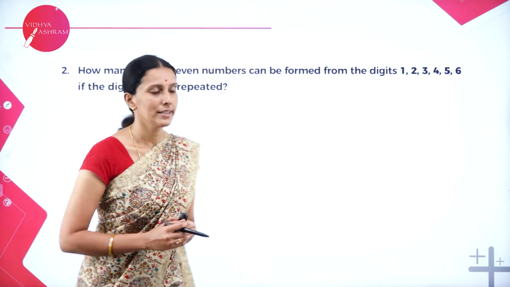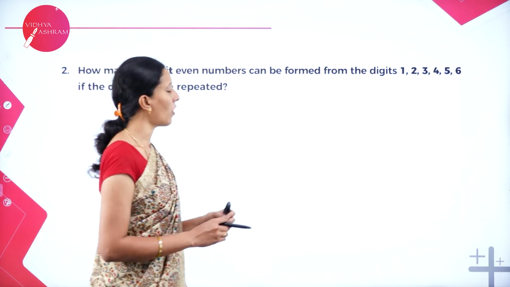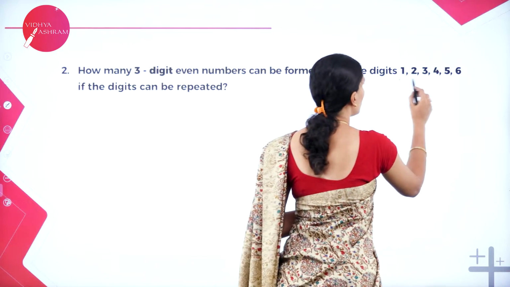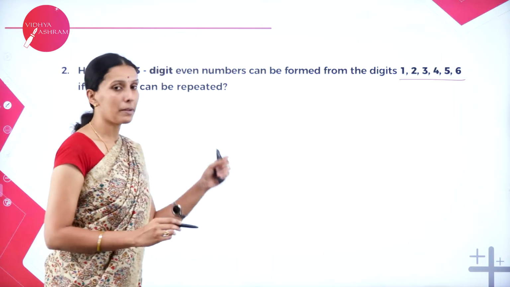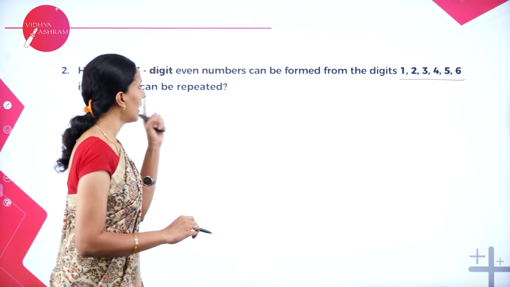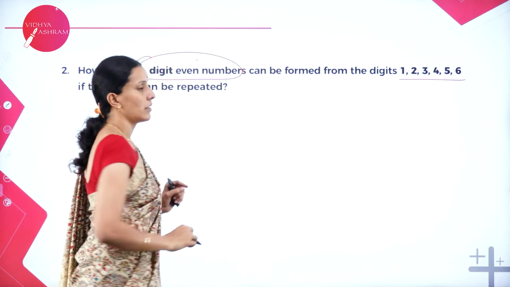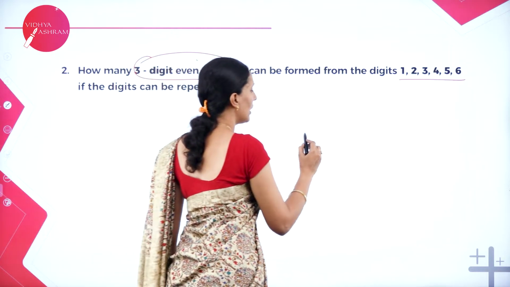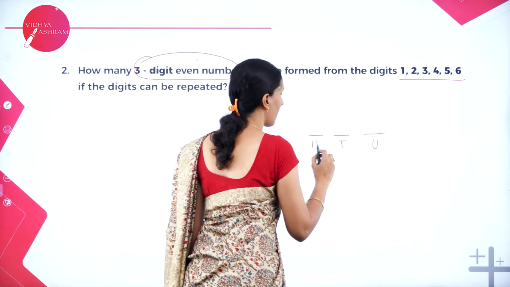Now let's look at the second question. How many 3-digit even numbers can be formed from the digits 1, 2, 3, 4, 5, 6 if the digits can be repeated? So here we can repeat the digits, but my aim is to form 3-digit even numbers. Let me form a 3-digit even number: units, tens, hundreds.